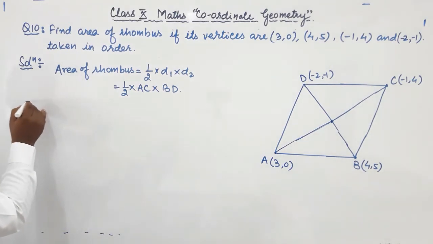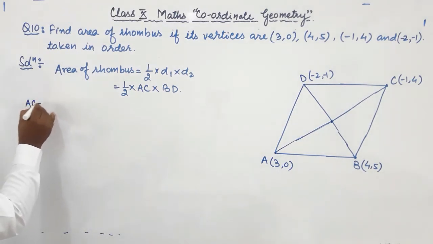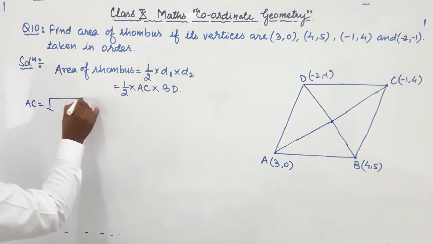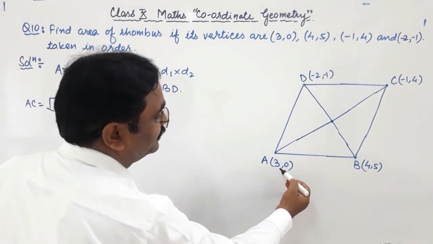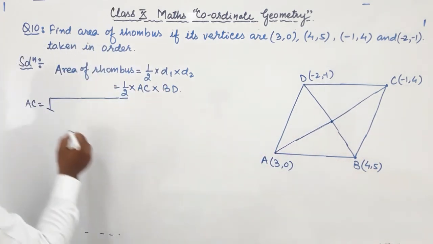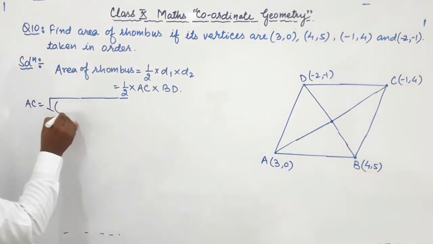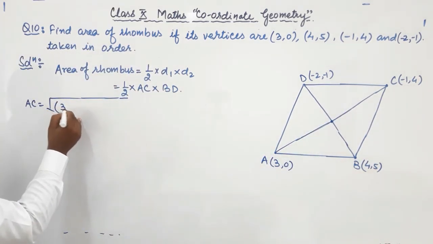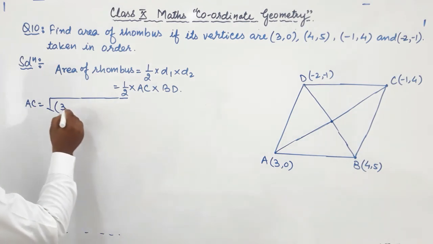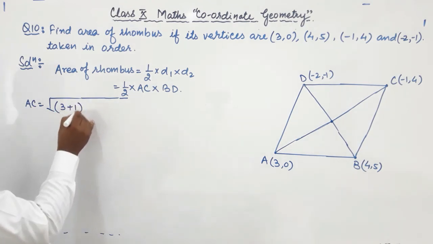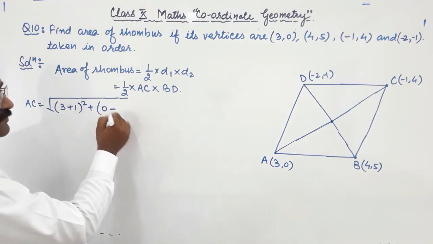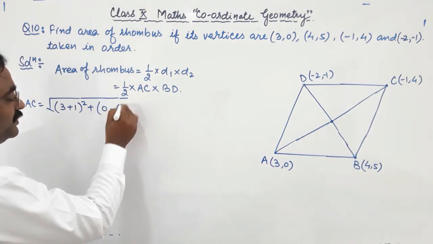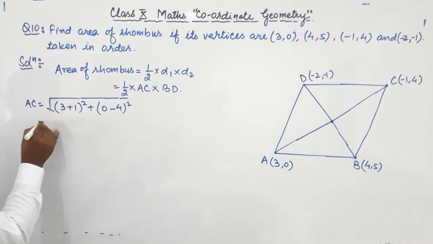So AC is equal to under root (x1 minus x2) whole square plus (y1 minus y2) whole square. x1 is 3 minus x2 is -1, so it becomes +1, plus y1 is 0 minus y2 is 4, whole square. Right?